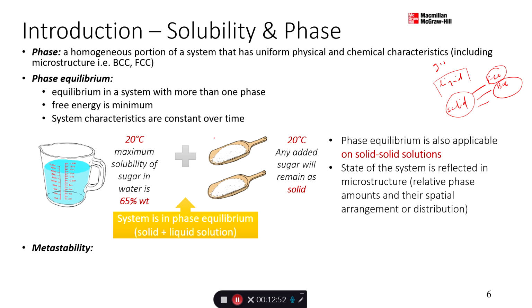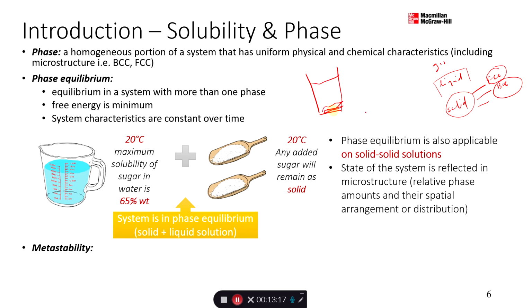Okay, so example of this phase equilibrium. Just now we put up to 65% of sugar in water. Okay, and then you add more sugar. What will happen is any added sugar will remain as solid, which is what I have drawn a couple of times.